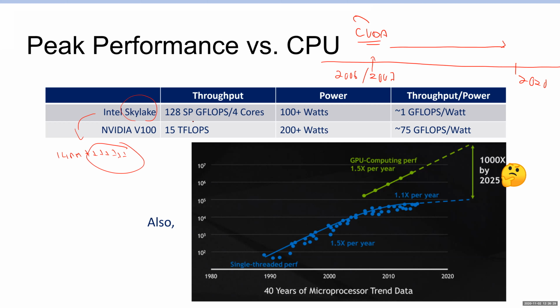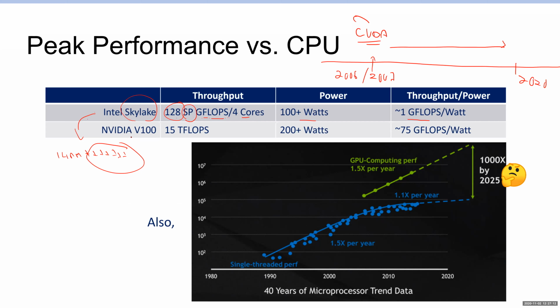Skylake processors, with quad core, hexa core or octa core, can perform 128 gigaflops, which means 128 billion single-precision floating point operations per second over 4 cores, using 100 watts, with a throughput of about 1 gigaflop per watt.